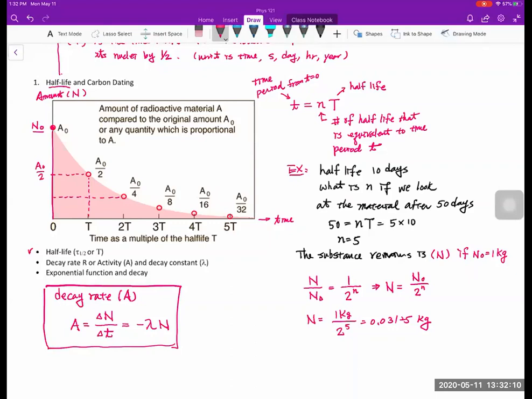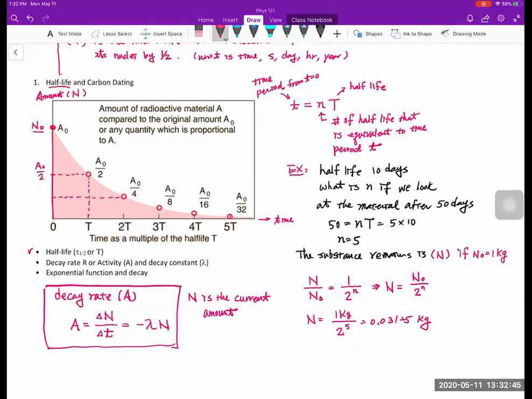The decay rate depends on what the amount is at that moment. So N is the current amount. It's not a starting amount. The starting amount we will use N0.